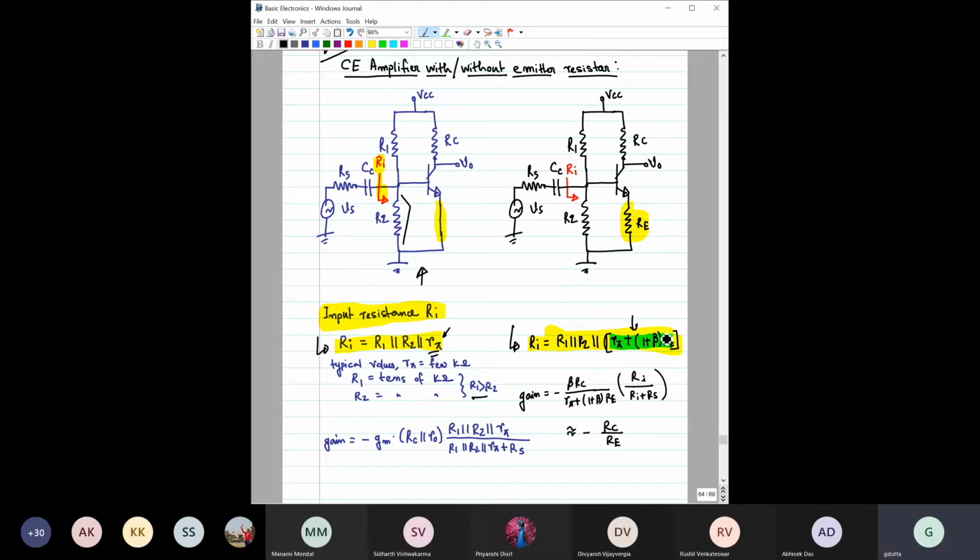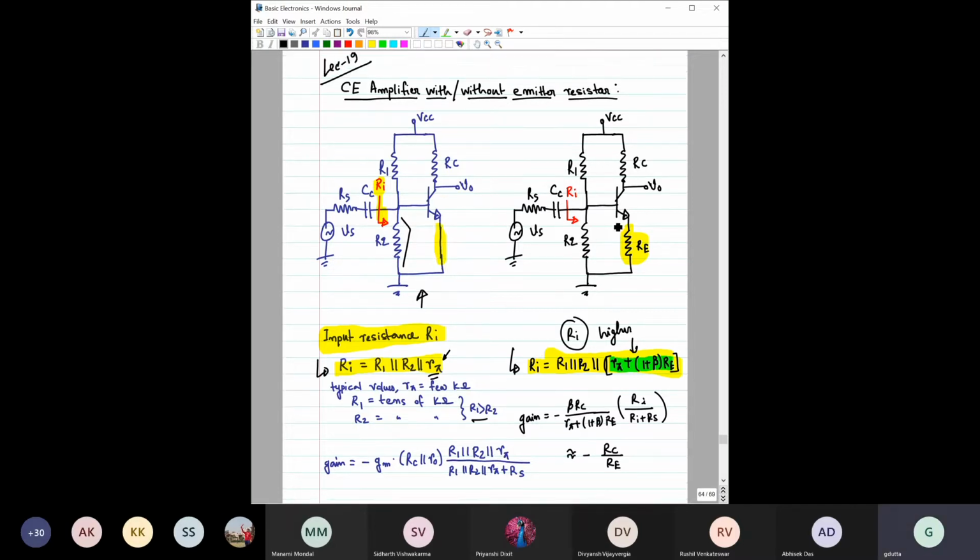So this value is now quite high. So the resultant value is no longer determined by the R pi term, but rather the equivalent of this. And obviously, from this you can say that Ri in this case, the input resistance, would be higher. So input resistance would become higher.